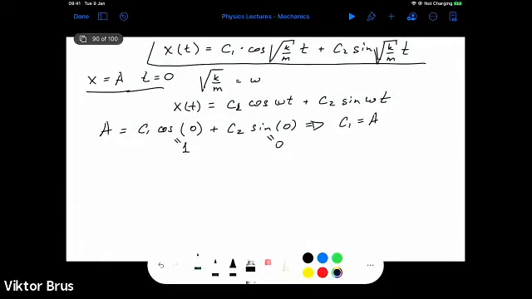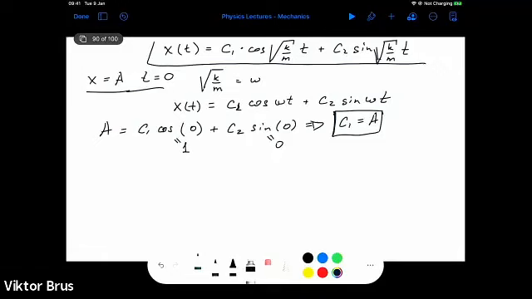Okay, so with this first boundary condition, we define the first constant. Now we need to define the second constant. We need one more boundary condition.